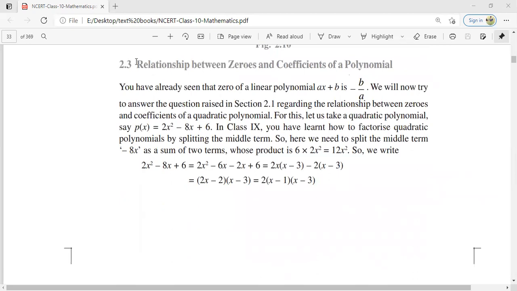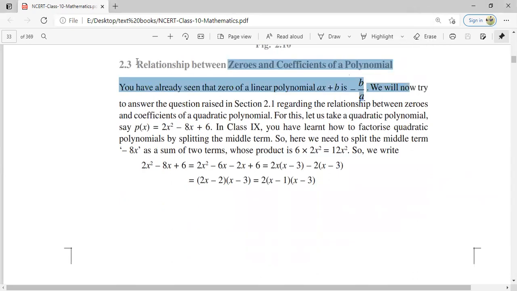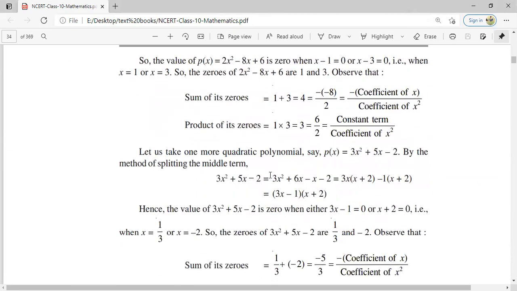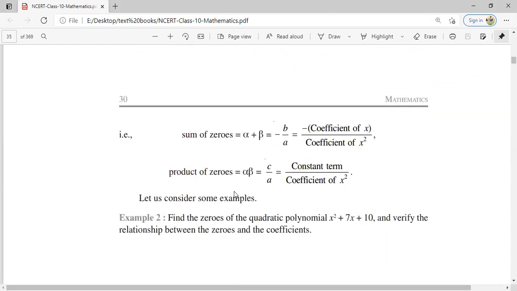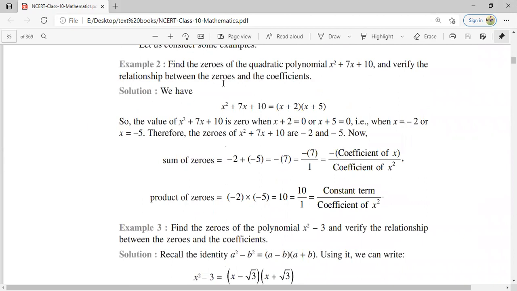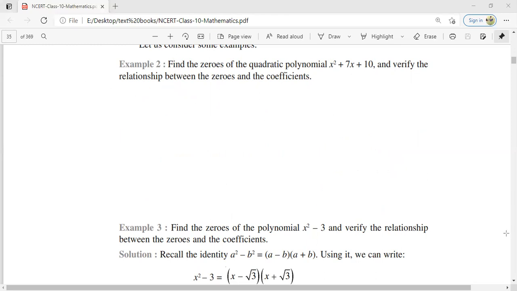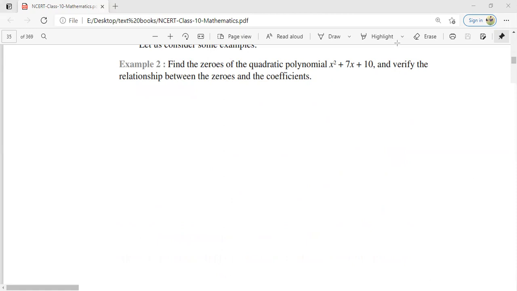As we have seen the relation between the zeros and the coefficients of the polynomial in the previous class, part 1, we have seen the relation: alpha plus beta is minus b upon a, and the product relation we have also discussed. Here, first we have to find the zeros of the quadratic polynomial and then we have to verify the relation between the zeros and its coefficients.